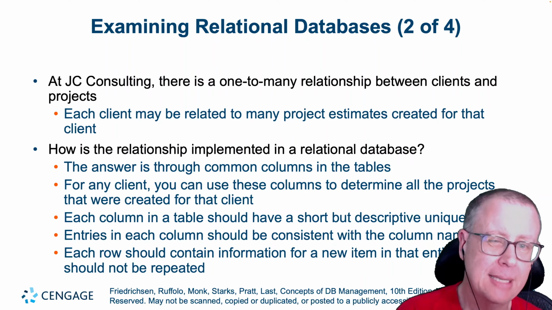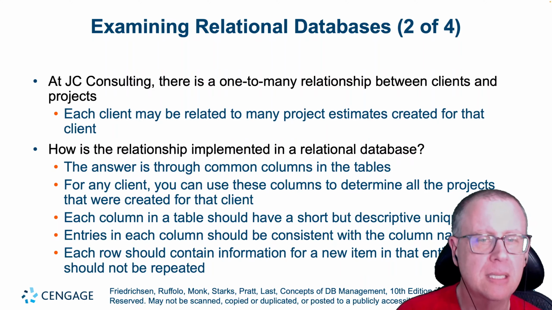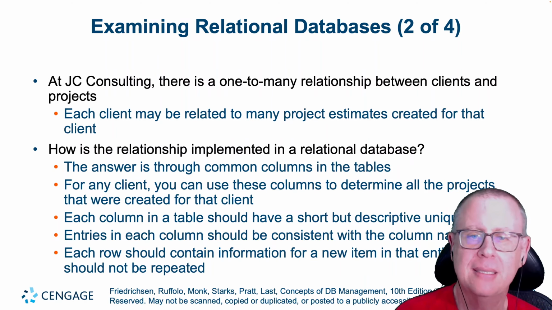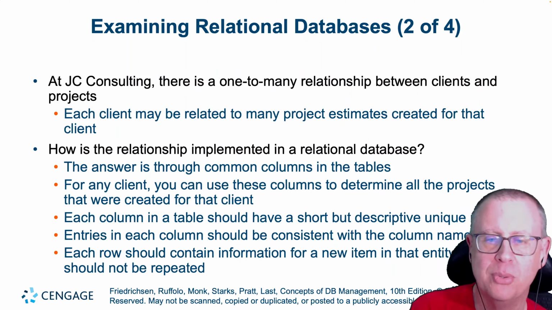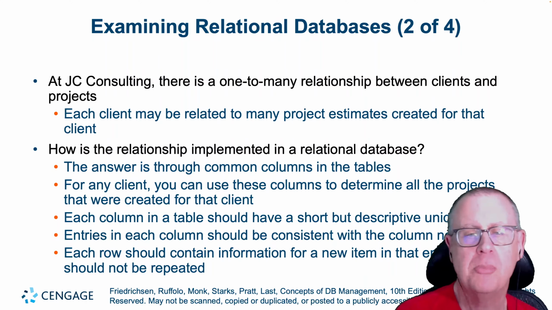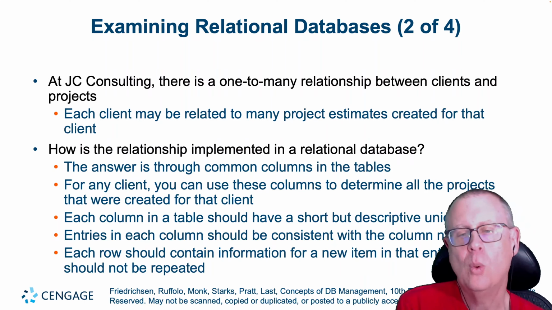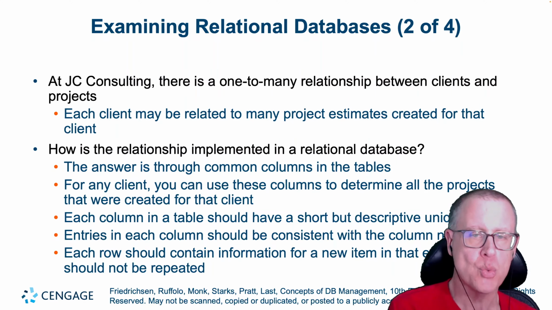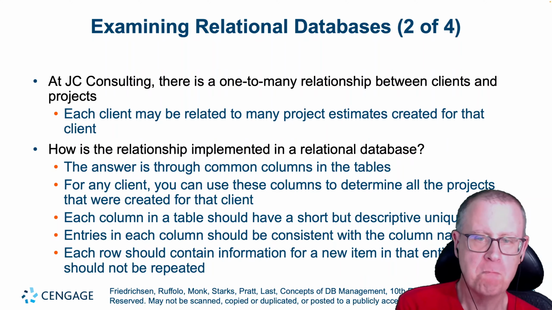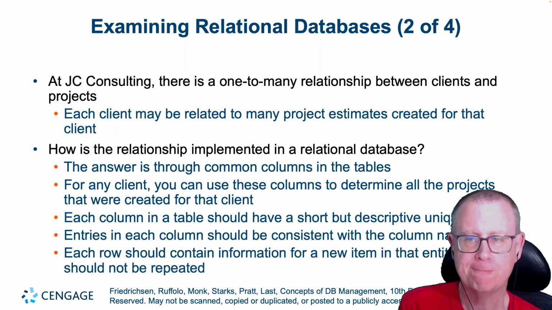The fact that that key, that client ID attribute, I'm going to call it a key, the fact that it's unique means that we can use that key, that attribute, as a primary key. A primary key is one or more attributes that can be used to uniquely identify a row in a table. It's a primary key.